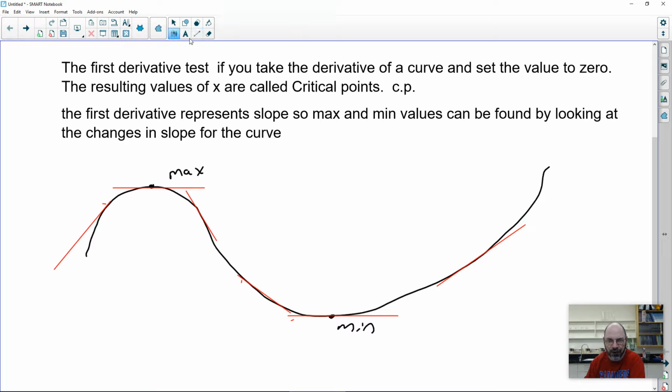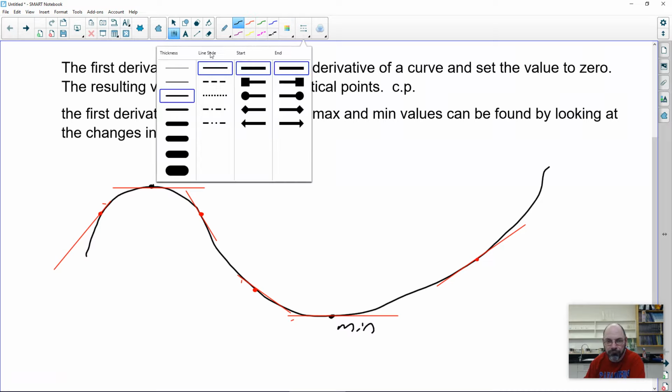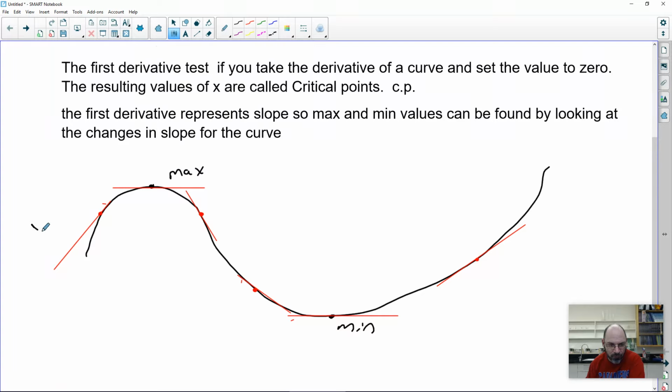I'll fill that in with red dots, touches there, touches there. So there's a pattern that happens here. This is y prime equals a negative value. Oh, what am I saying? That's not negative. That's a positive value. It's climbing up a hill.